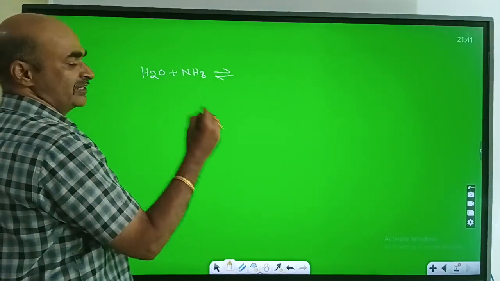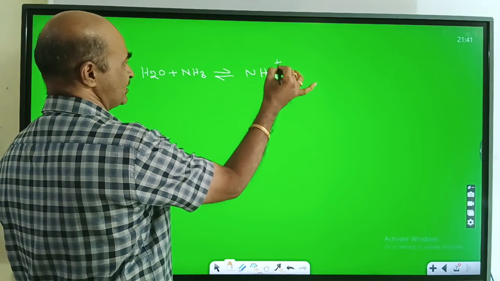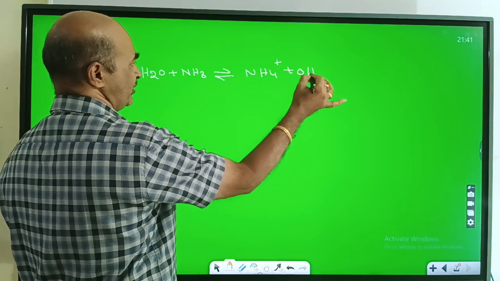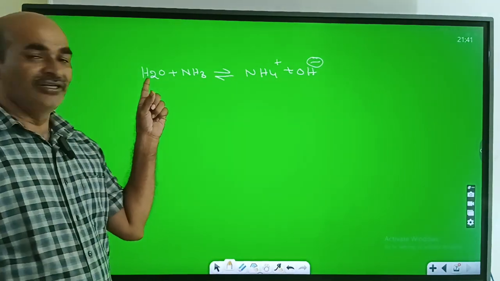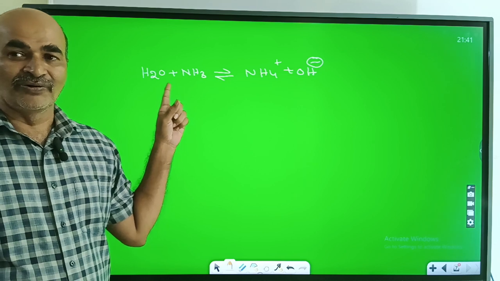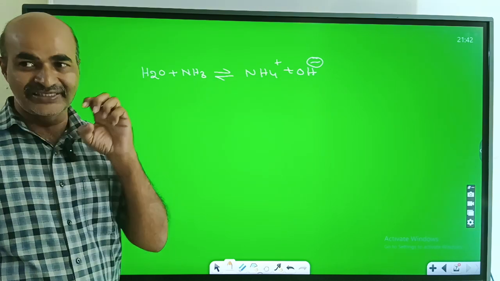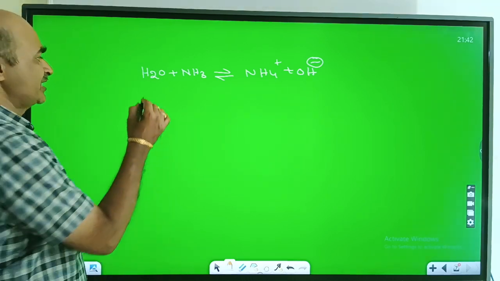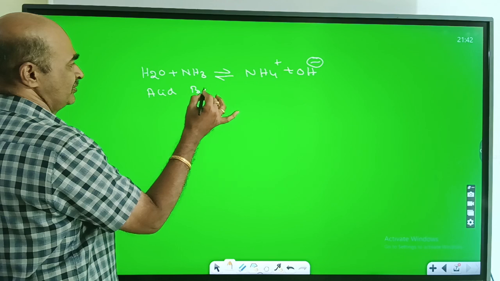So H2O plus NH3 gives rise to NH4 plus plus OH minus. So proton donor is called acid and NH3 takes H plus ion. So this is acid, this is base.